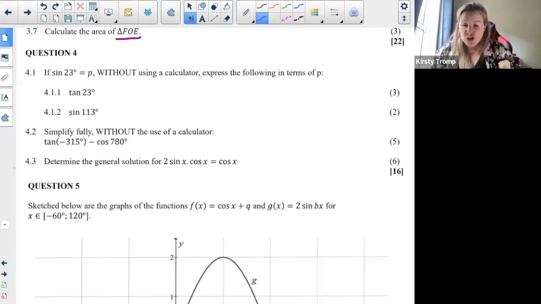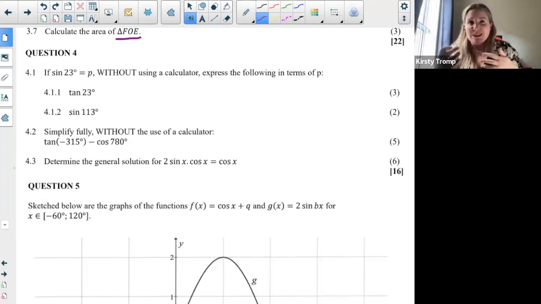That's my suggestion. However, if you feel more confident starting with trig, because trig's your jam and gets your confidence up, then start with trig. Or if geometry is where you get all your marks, start with geometry. I always suggest starting with the thing that gets your confidence up first.